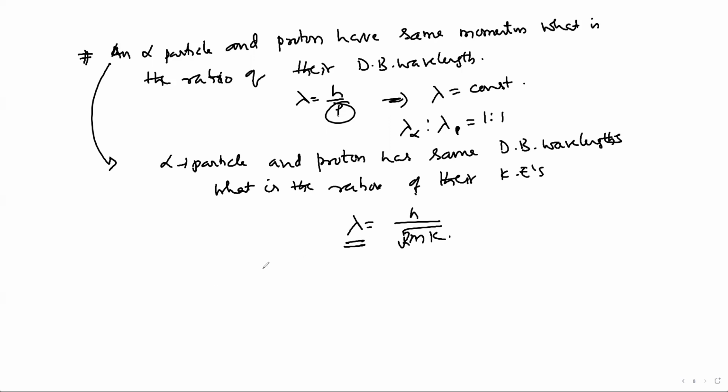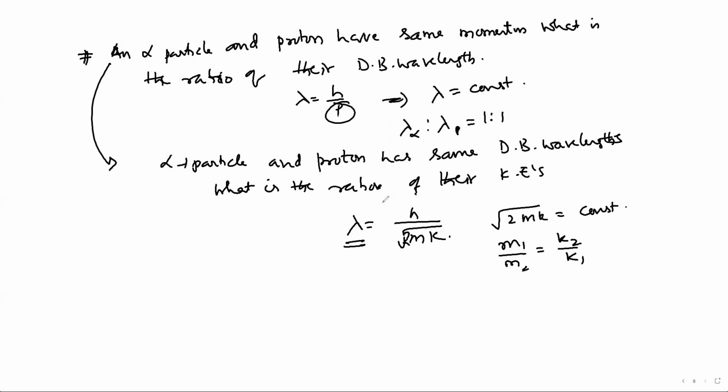Lambda is constant, so 2mK is constant. Then m1 by m2 equals K2 by K1.